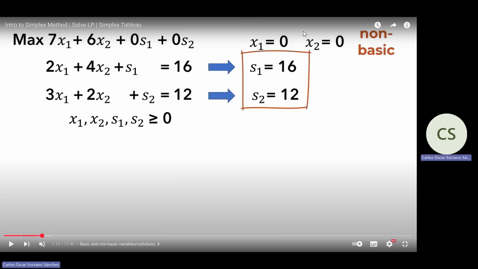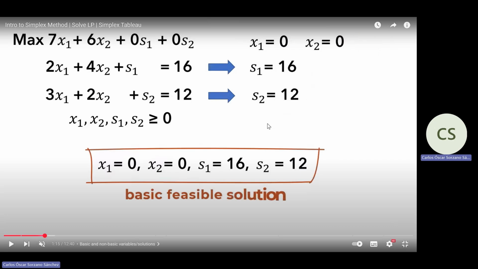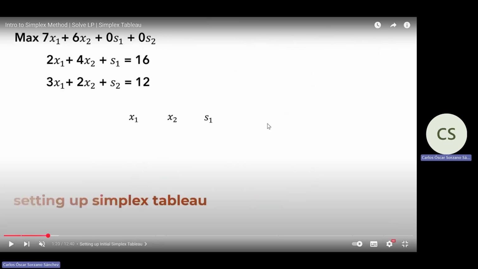If both are 0, then all these parts disappear, and s1 takes value 16, s2 takes value 12. And this is a feasible solution. So always in this kind of problems, setting the original variables to 0, not the slack variables, but the original variables to 0, will always give you a feasible solution. Always. Okay, so now we have a feasible solution.